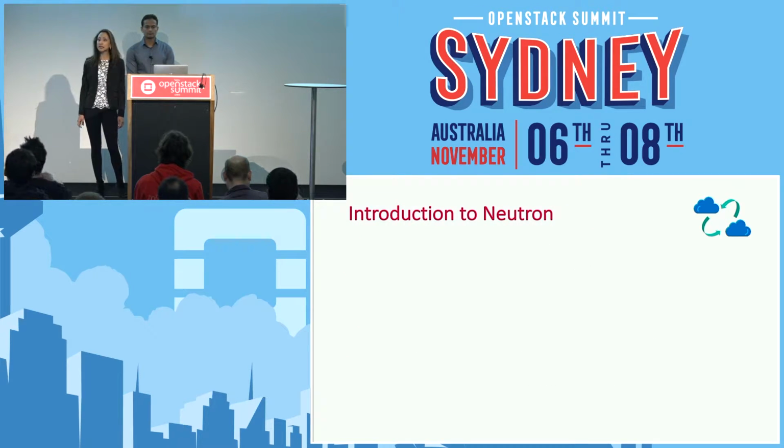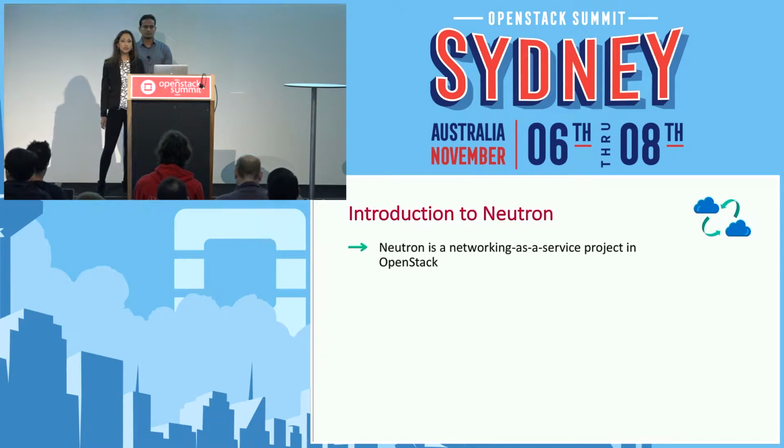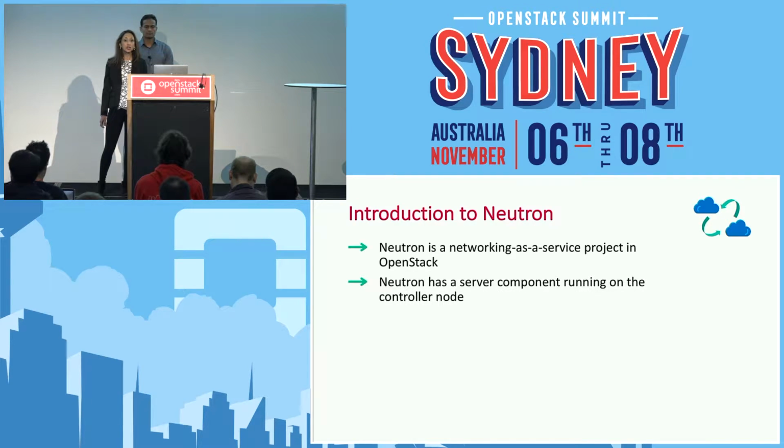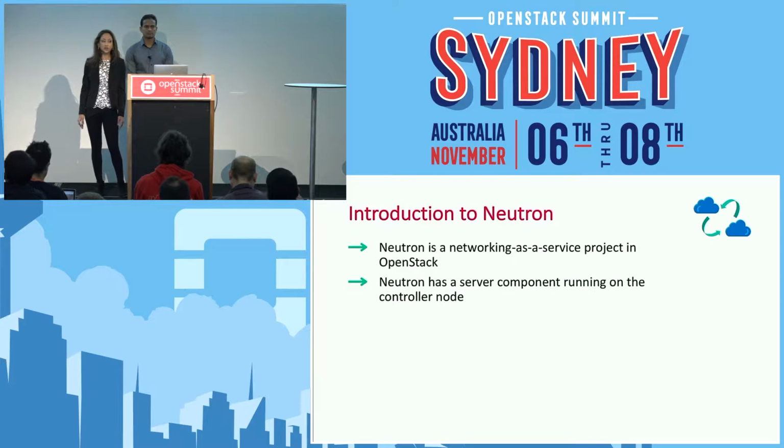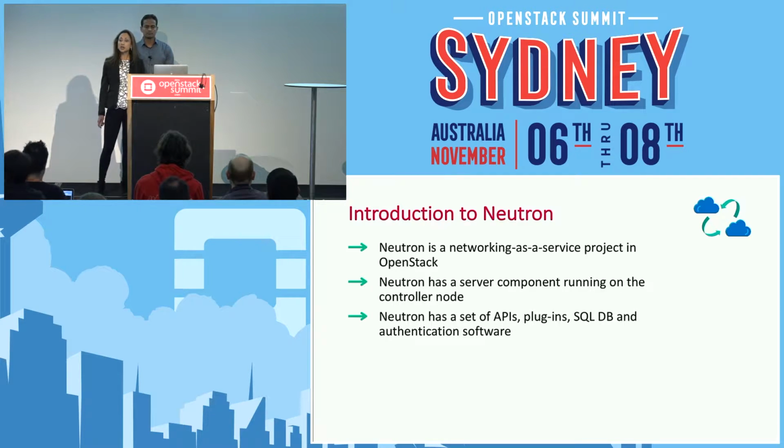Okay, so now let us begin by looking at what Neutron is. Neutron is a networking as a service project in OpenStack. Neutron has a server component that is found running on the controller node. Neutron also includes a set of APIs, plugins, a SQL database, and authentication software.